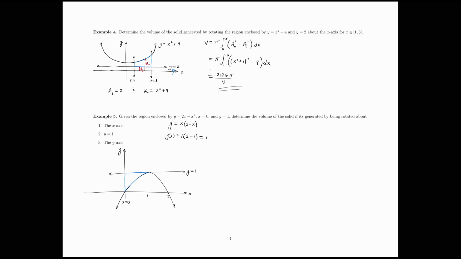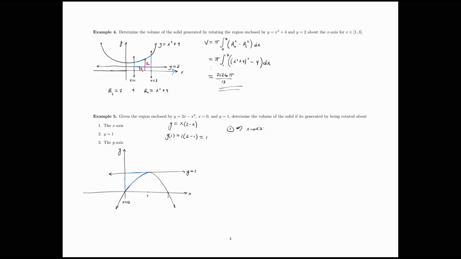So to do this, let's start with part 1. So for part 1, we want to rotate about the x-axis. So if we're rotating about the x-axis, we want to draw a line segment that's perpendicular to the x-axis.